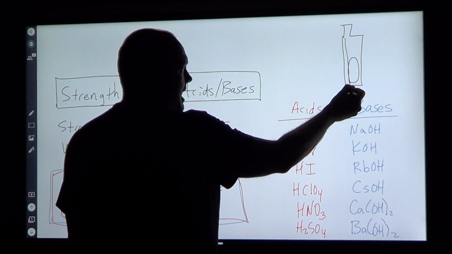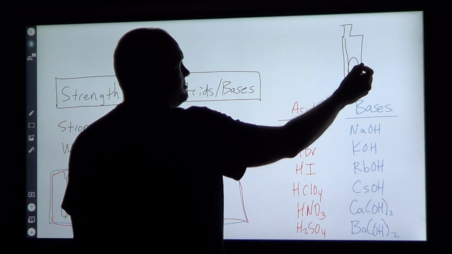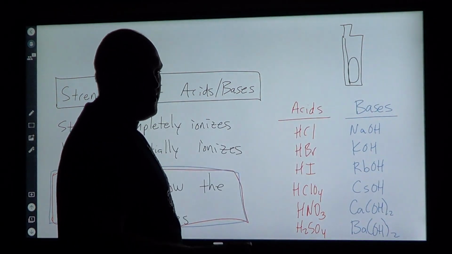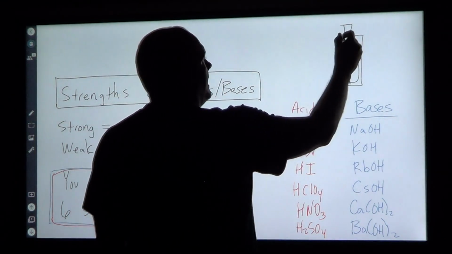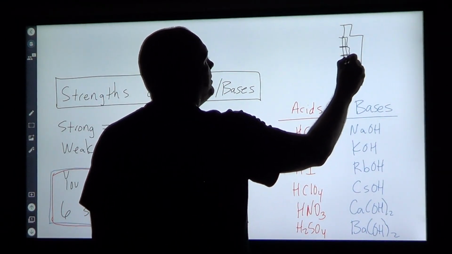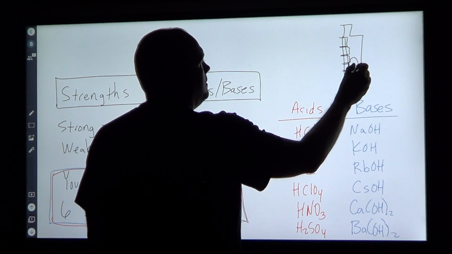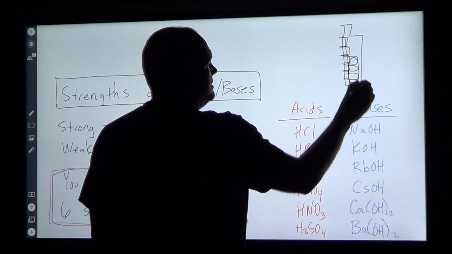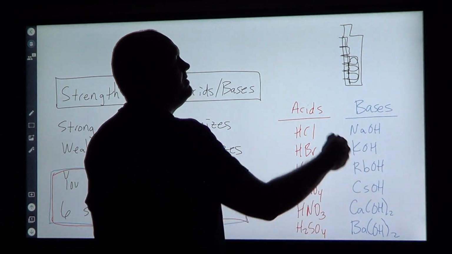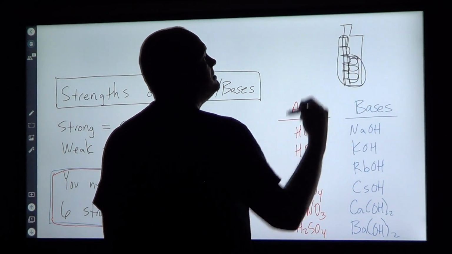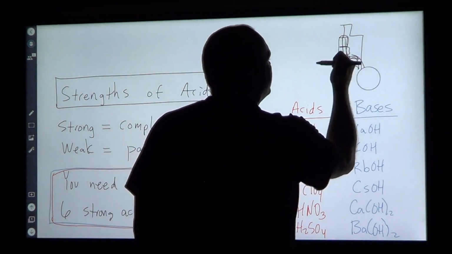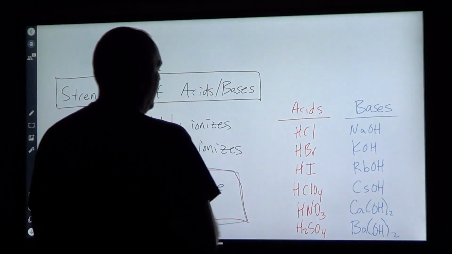It's all the alkalis, and then it's calcium, strontium, and barium. So that's one way that teachers get kids to remember the strong acids and strong bases. I only need you to know these 6 for my class, but in future classes you might need to memorize all of the strong bases, which would be everything in that section of the periodic table.